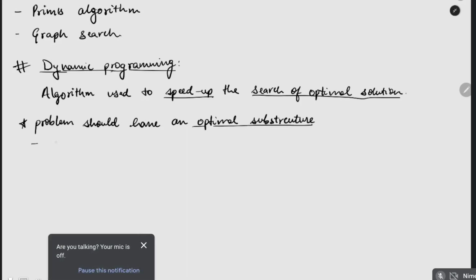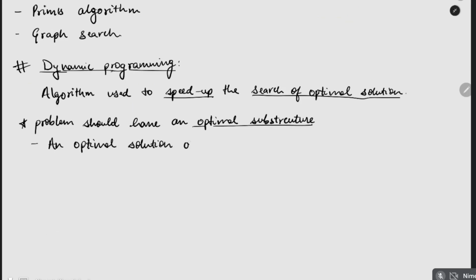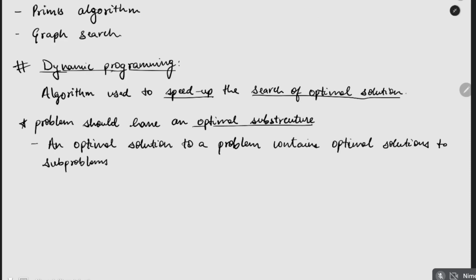It means that an optimal solution to a problem contains optimal solutions to subproblems. Right? So what does that mean exactly?